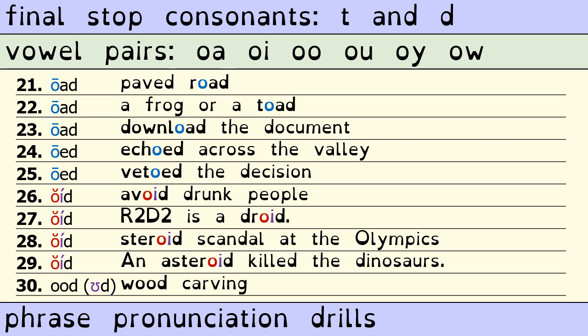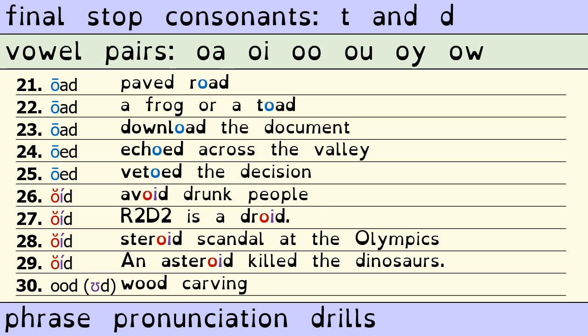26. Oid, avoid drunk people. 27. Oid, R2D2 is a droid. 28.